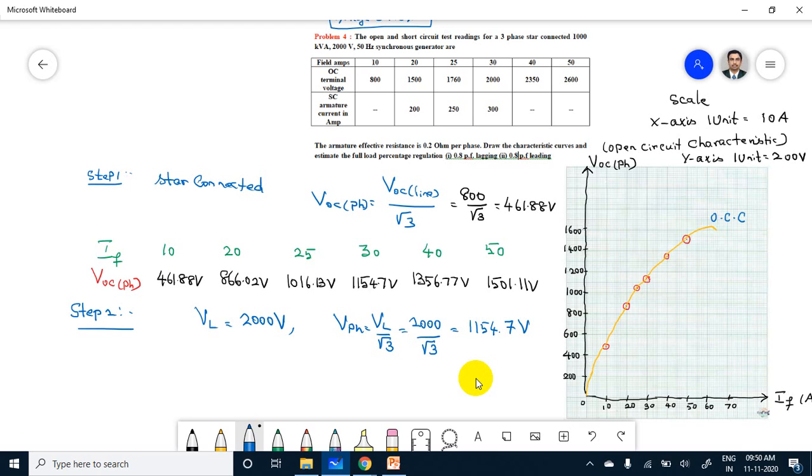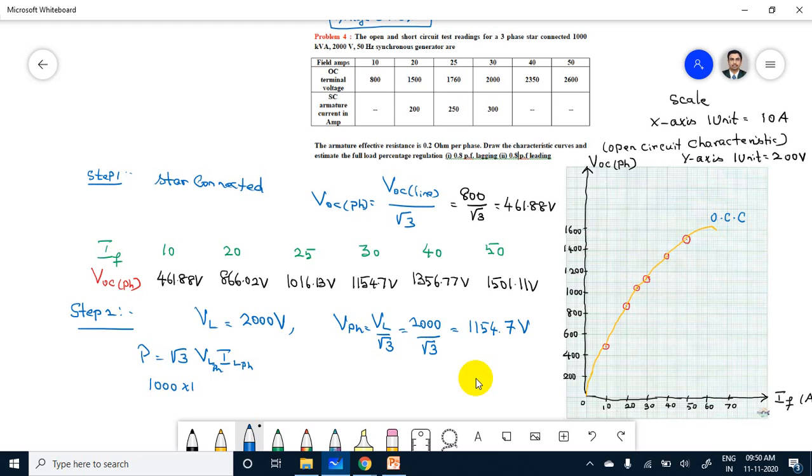Then power, you know that power equals root 3 into VL IL. Everything should be in phase, so phase voltage and phase current. How much power is it? It will be 1000 kVA.